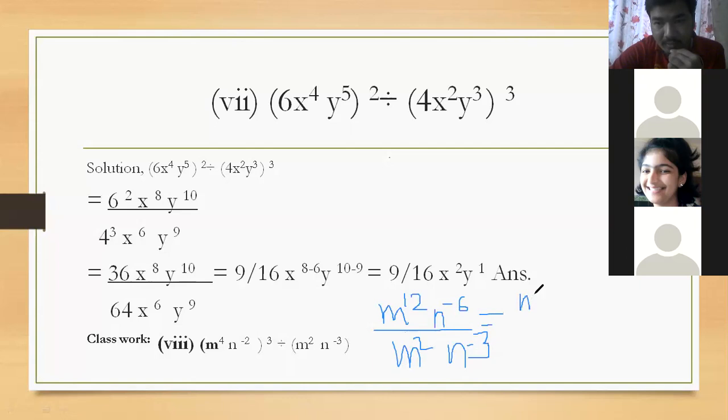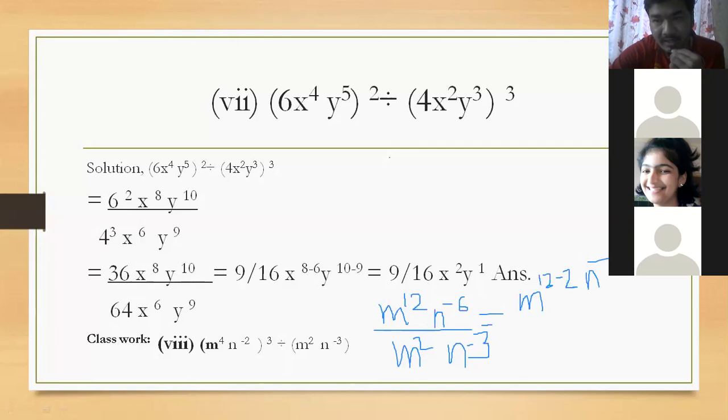Now it will be n to the power... What will be here? 12 minus what will be there? 2. And n to the power minus 6, and minus, you will do the bracket there, minus 3.